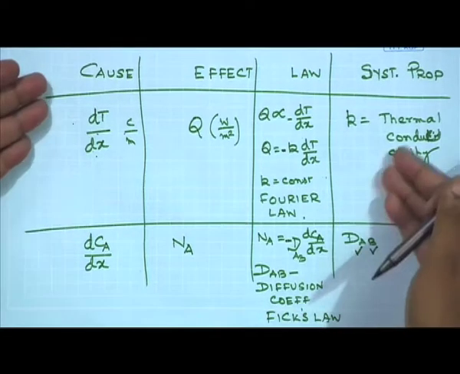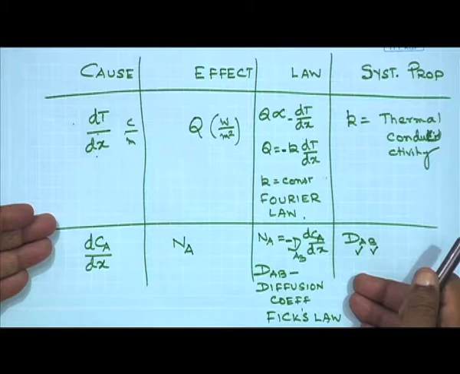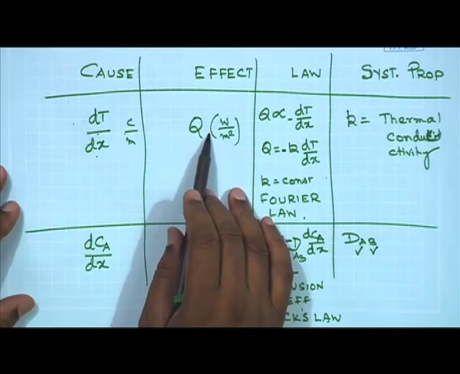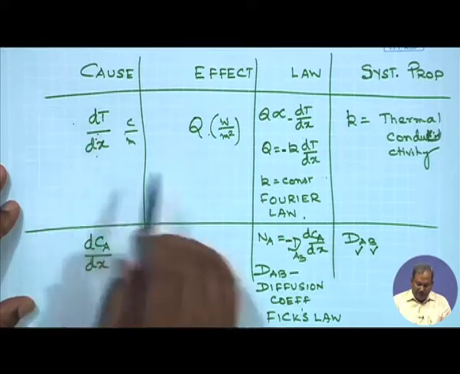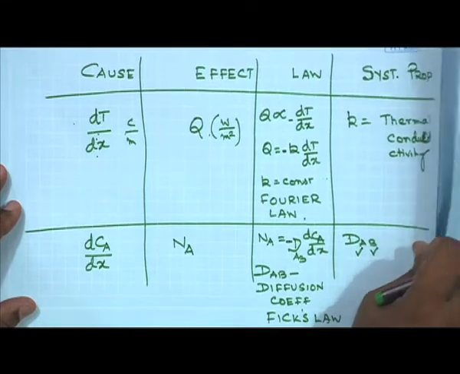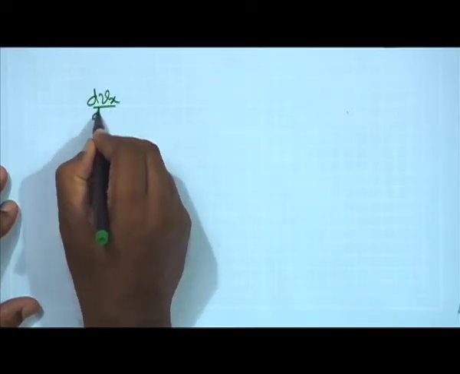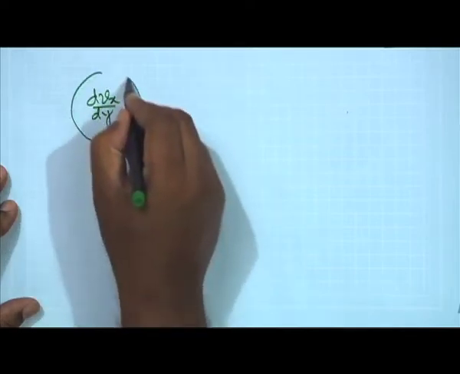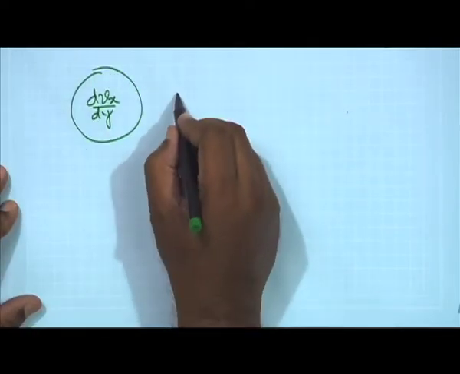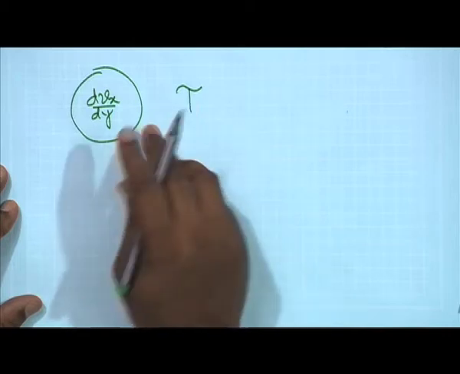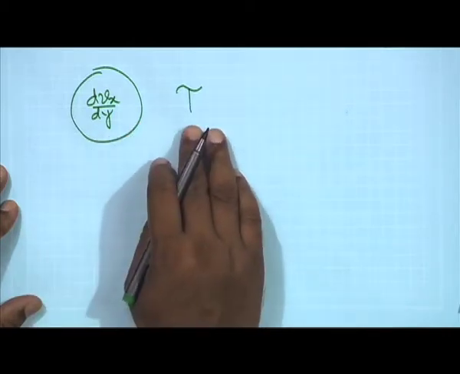If you see these two equations, they are connecting a cause with an effect. So if in the same line I write what is the cause for momentum transfer, it's simply going to be dv_x/dy, the velocity gradient, as a result of which momentum gets transported.